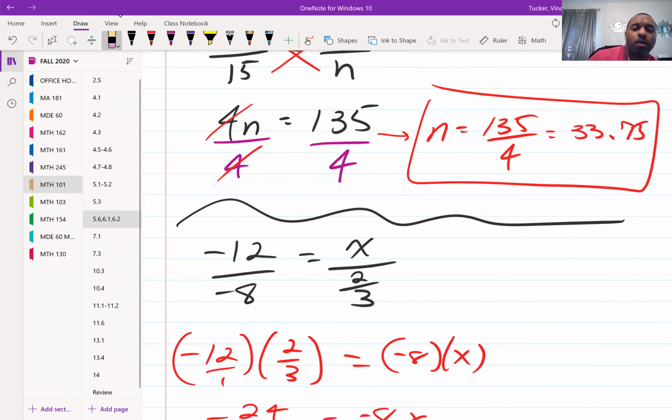So they give us this problem right here, negative 12 over negative 8 equal to x over 2/3. So you follow the same process, follow the same procedure, even if it has stuff in there that you might not like, fractions. So you multiply, take the numerators up to the opposite denominators. So it's negative 12 times 2/3, negative 8 times x.